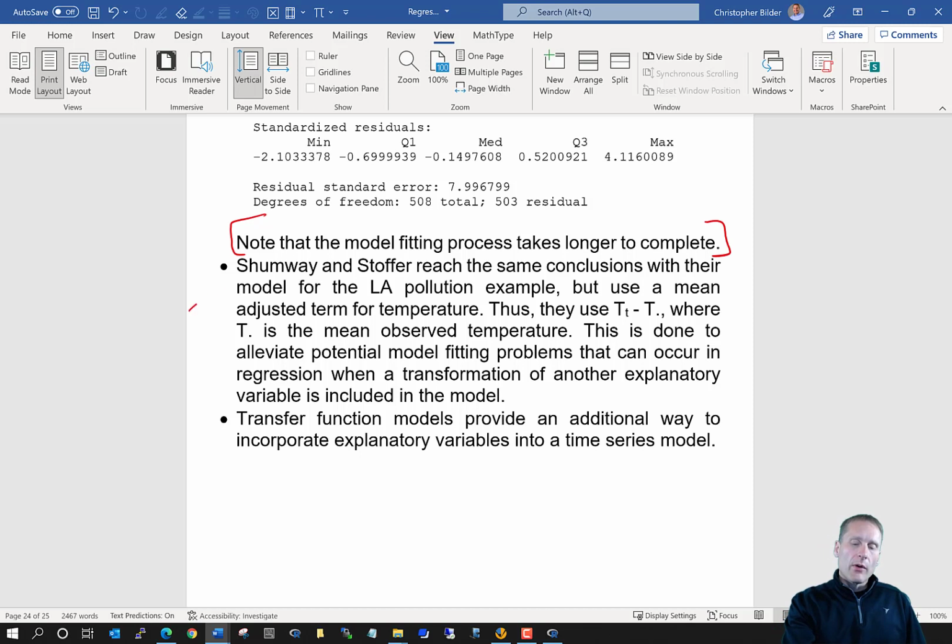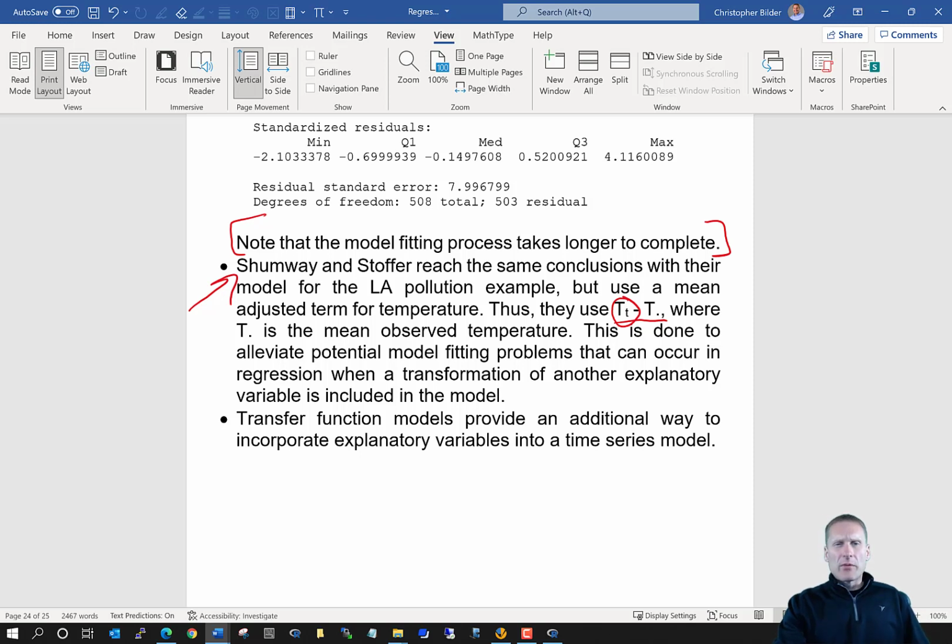Okay, so if you take a look at the Shumway and Stoffer example about how they approach it, it's basically the same way that I did, at least with the AR(2) part. They don't look into other aspects really. Instead of using temperature directly or particulate matter directly, they mean-adjust the explanatory variable. So they have an explanatory variable that's the temperature minus its mean, which they call T dot.